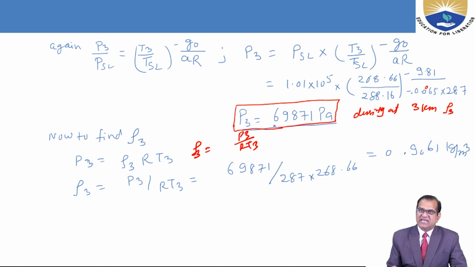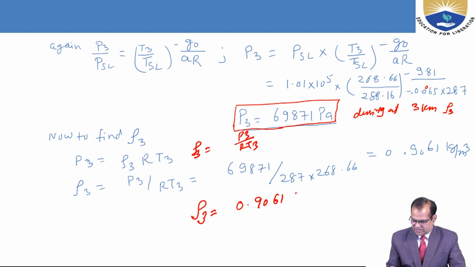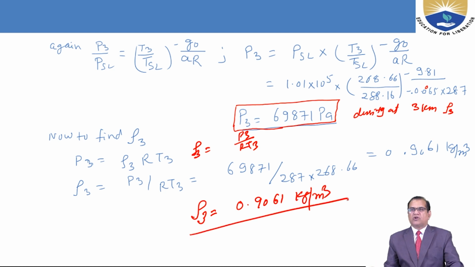So 69871 divided by R, which is 287, into 268.66. So we will get the density at 3 kilometer as 0.9061 kg per meter cube. So now we got rho 3.